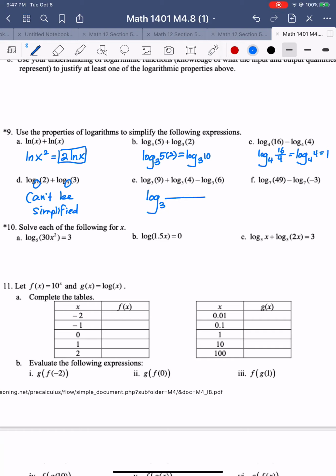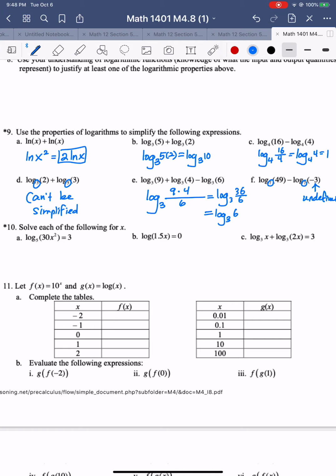Now we can put the 9 and 4 multiplied together and put the 6 on the bottom, which is log base 3 of 36 over 6, which becomes log base 3 of 6, which we can't simplify anymore. And that one has the same base, but the problem is a log can never be negative, so this is an undefined case, which means you cannot simplify this one.